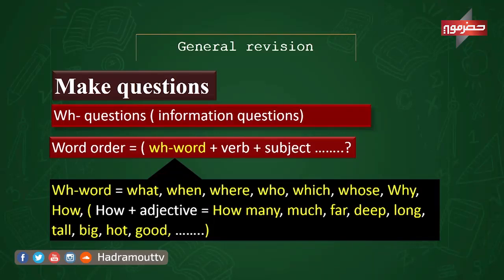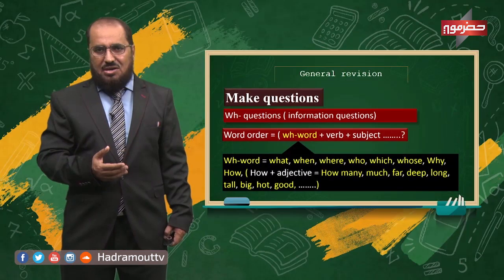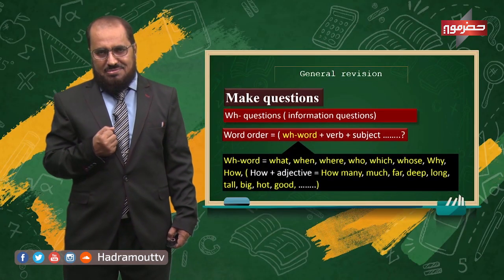What are the WH words? What, when, where, whom, which, whose, why, how, okay? Or how plus adjective: how many, how much, how far, how deep, how long, how tall, how big, how good, how hot. How good are you at playing football?